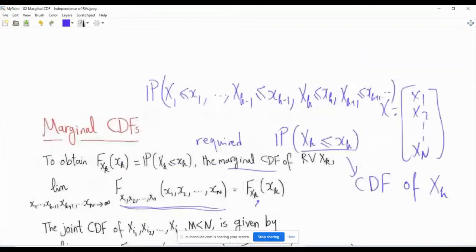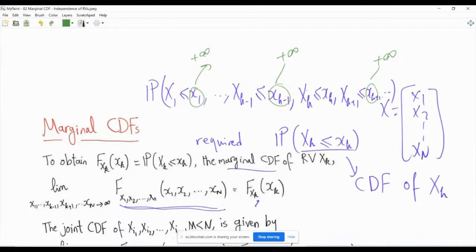You may think that this can be obtained from the joint CDF if we go to those parameters and set them to plus infinity. If you put this one as plus infinity, and this one, and this one, we are saying: what is the probability that Xk is less than or equal to small xk, and X1 is less than or equal to plus infinity, and X2 is less than or equal to plus infinity, and Xk minus 1, and Xk plus 1, and so forth.